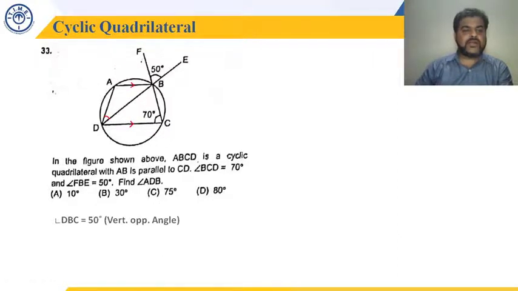Now angle DBC is 50 degrees. Why? Because of vertically opposite angles. Angle ABC is equal to 180 degrees minus 70, which is 110 degrees. Why?